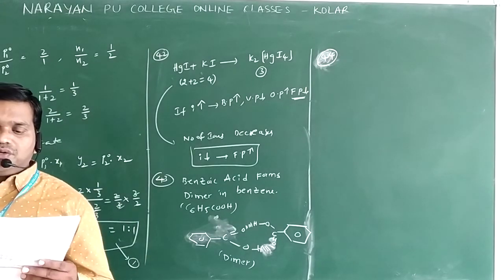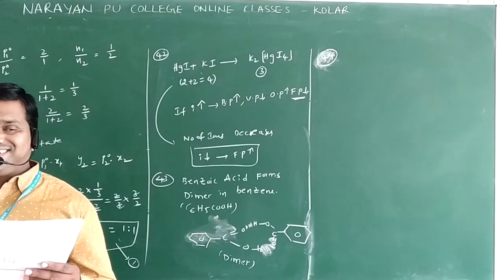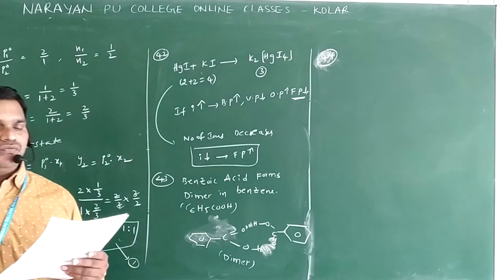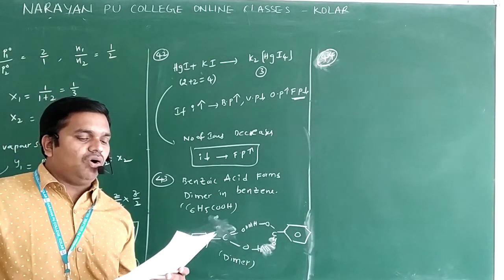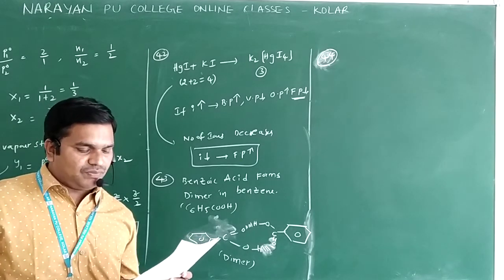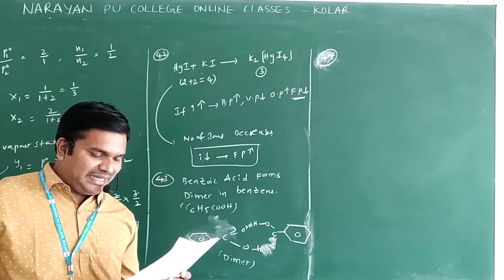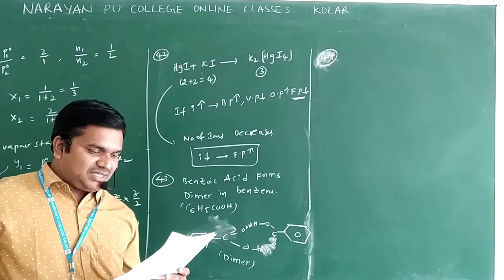Here the vapor pressure of the solvent decreases, which means P0 minus P is 10 mm of Hg.